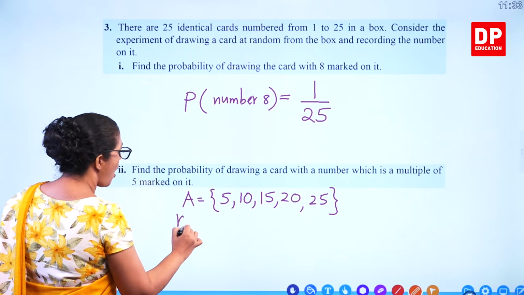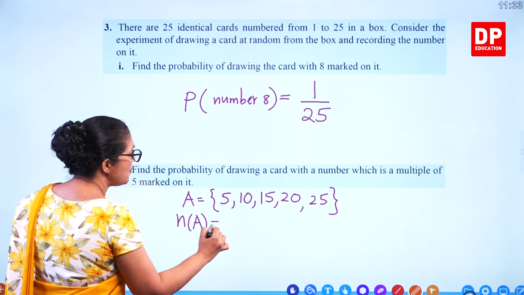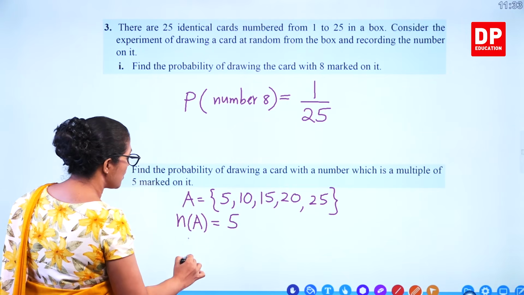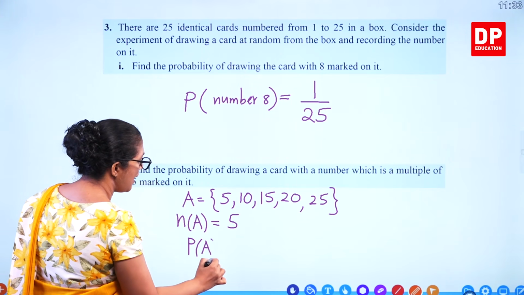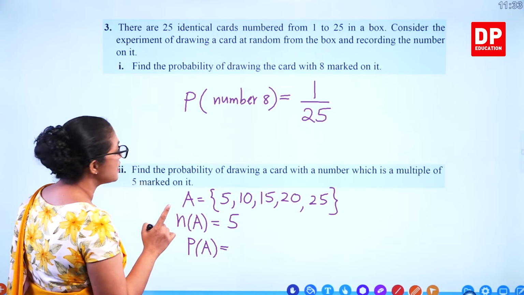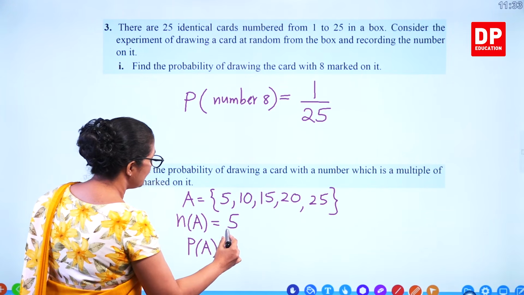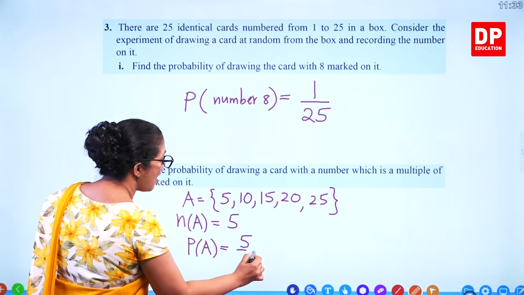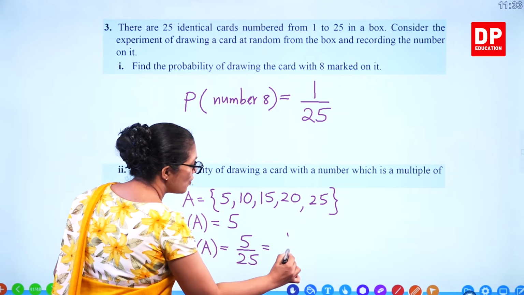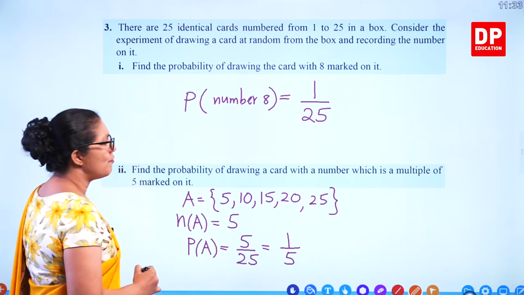And now how many elements are there? Outcomes? 1, 2, 3, 4, 5 outcomes are there. Then what's the probability of getting a number that is a multiple of 5? So 5 possibilities are there out of 25. Divide by 5, you get 1 over 5.